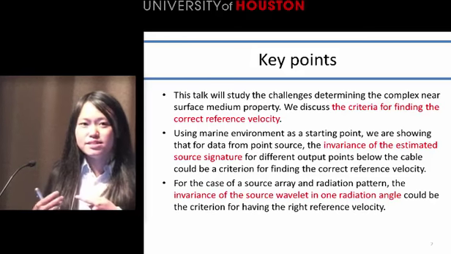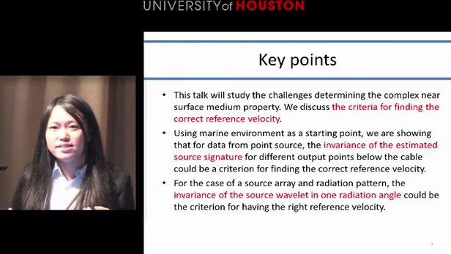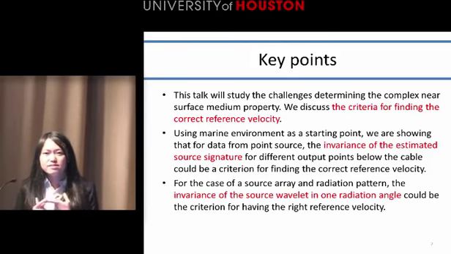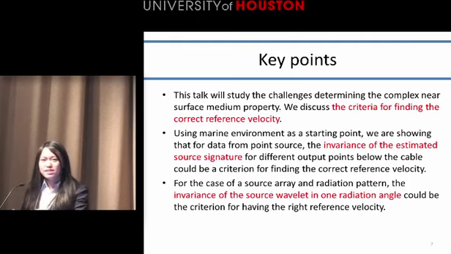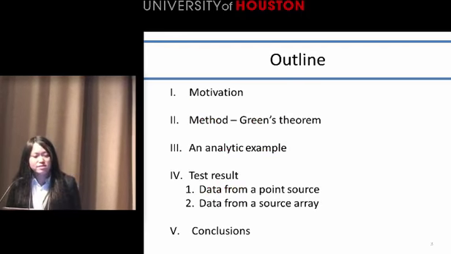For the data generated from a point source, the invariances is at every point below the measurement surface. And in the other case, for the data generated by a source array, the invariances can be found along one radiation angle. So this is the outline of my talk.